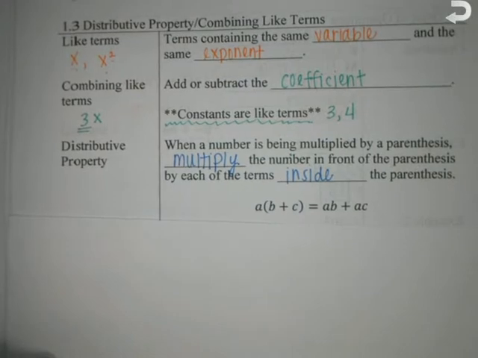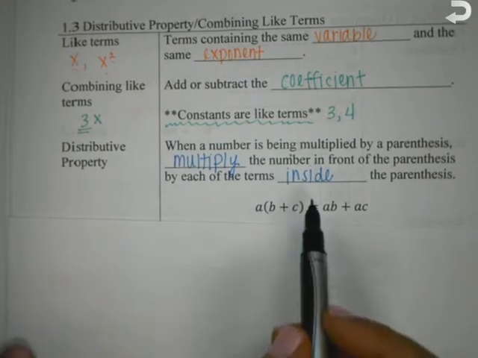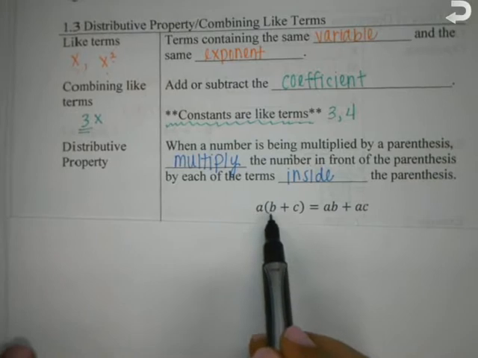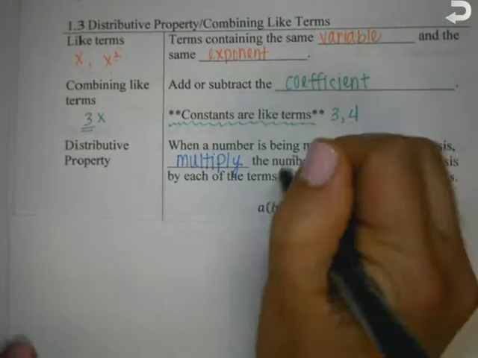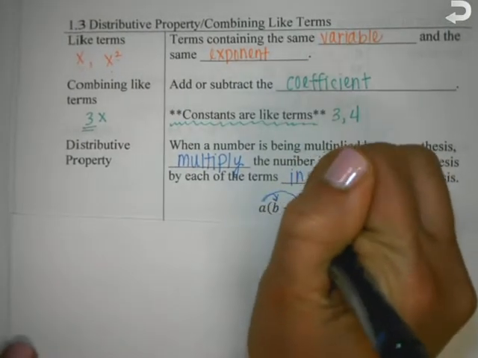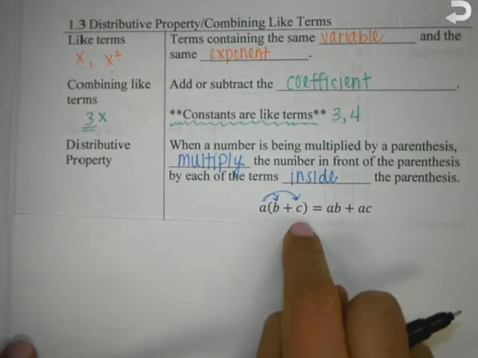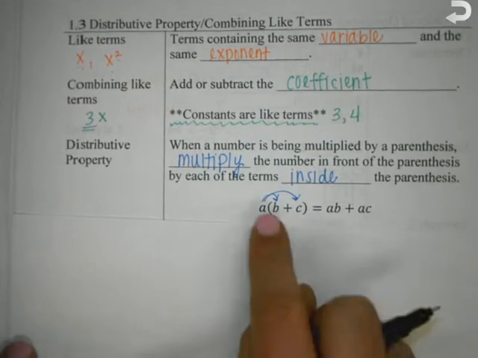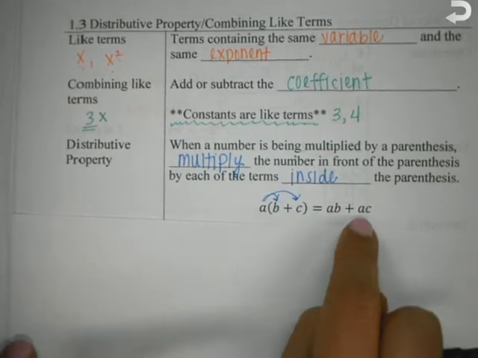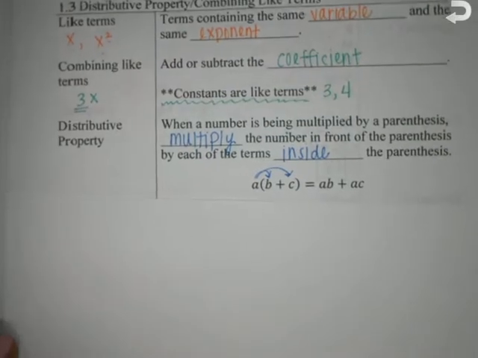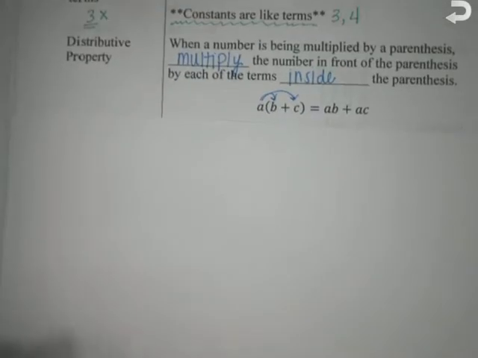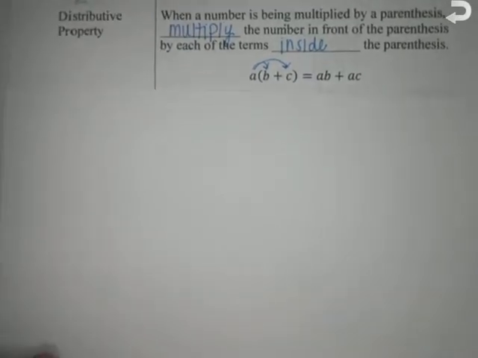Now here it is in general terms. If I have A times B plus C, you guys remember I draw my arrows? I distribute A to B and A to C. So that would be A times B plus A times C. That's general terms. We have to be able to define it in general terms. But what we're really going to do is use numbers.